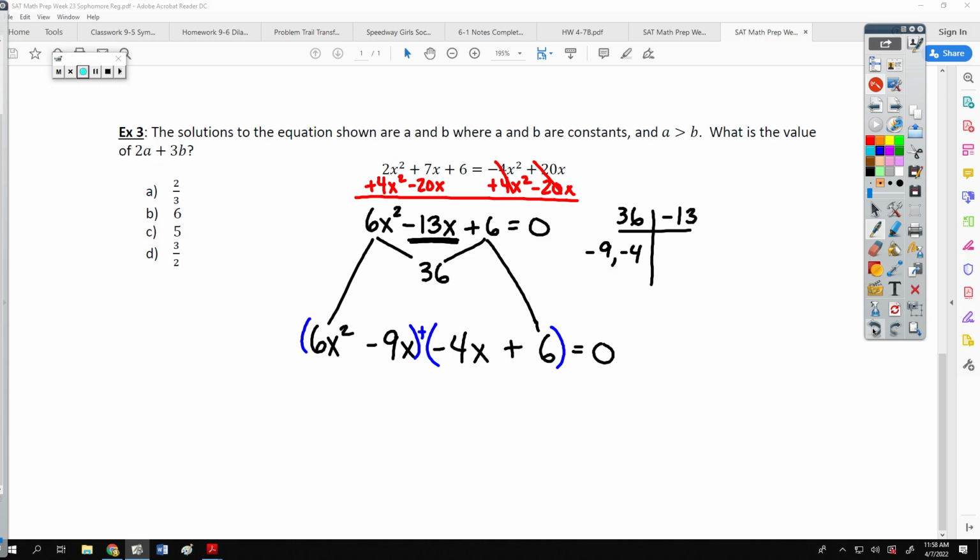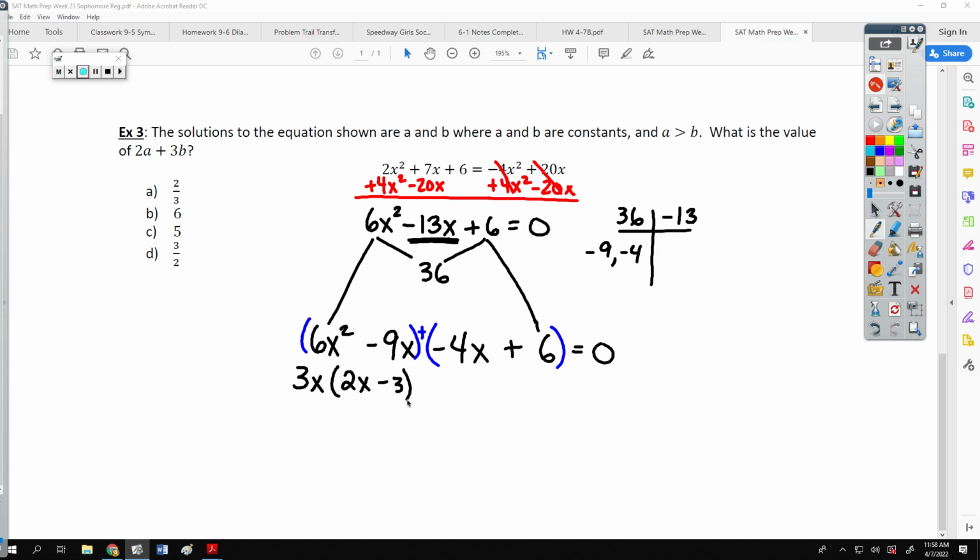Now we're going to factor out the GCF. So from the first group, 6x squared minus 9x, our GCF would be 3x. So we factor out a 3x, which means we divide each term by 3x. That results in 2x minus 3 still being in parentheses. In the second set of parentheses, the GCF is 2.